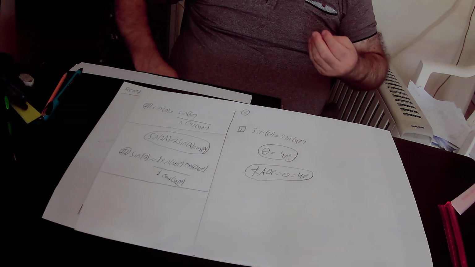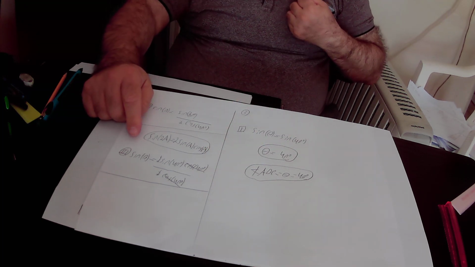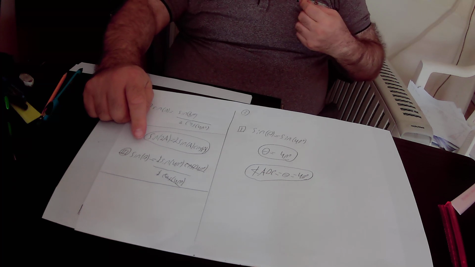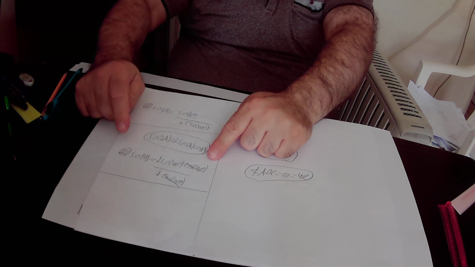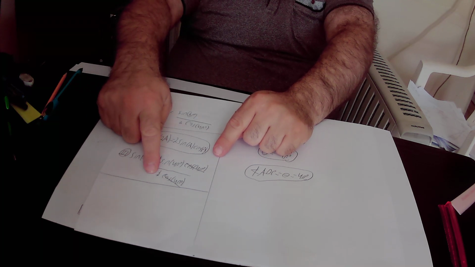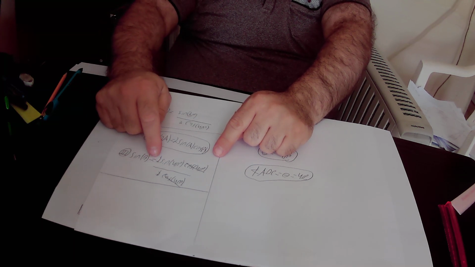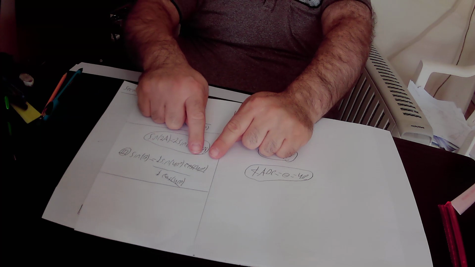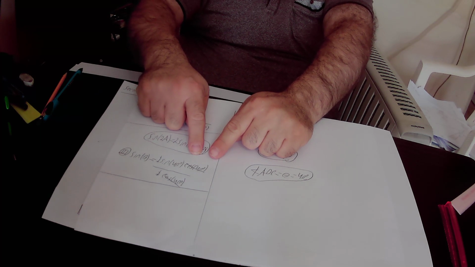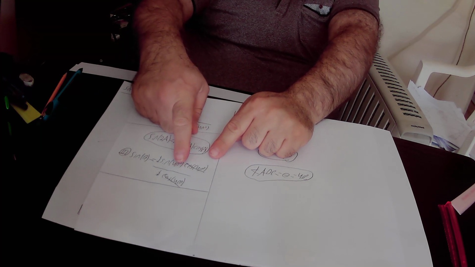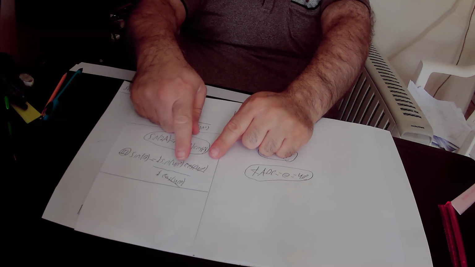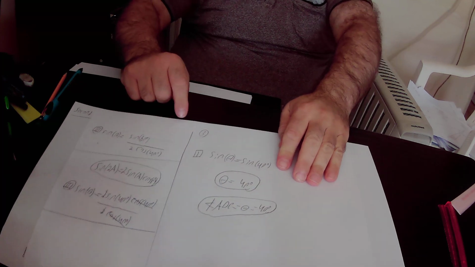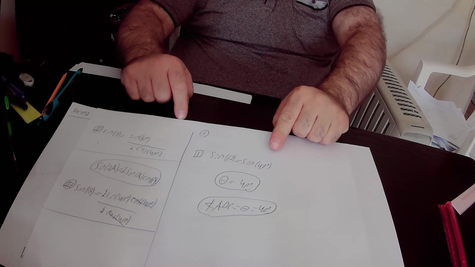So in conclusion, according to equation number 3, sine theta equals 2 sine 40 degrees times cosine 40 degrees over 2 cosine 40 degrees. Here 2 over 2 is 1, so 2 will get cancelled. We have cosine 40 degrees in the numerator and cosine 40 degrees in the denominator, so cosine 40 degrees will also get cancelled. And we are left only with sine theta that equals sine 40 degrees.